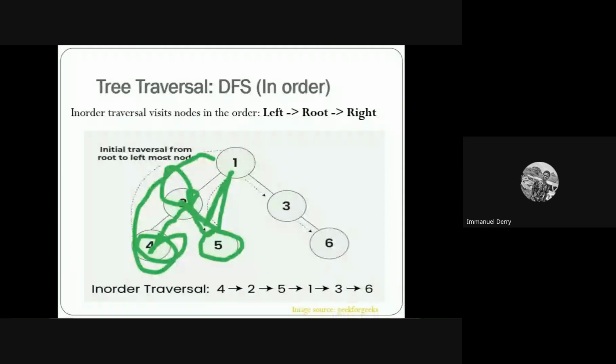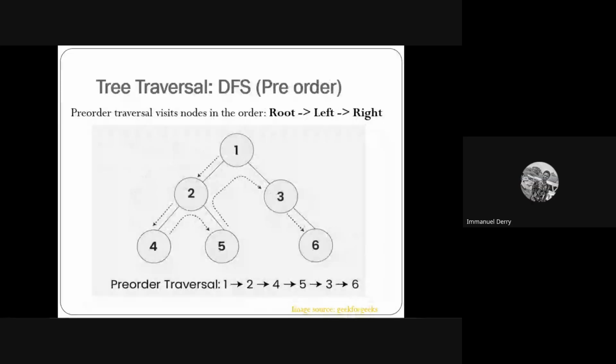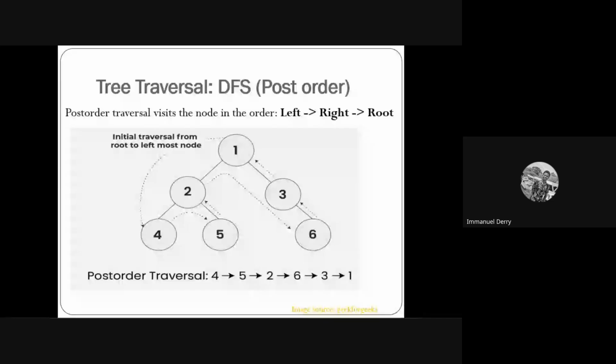Then we move to root. There's no root, so we move to right, and then we move to 6. Yes, I know it's confusing, but when you sit down to understand left, root, right and left, right, root, you get to understand it better.